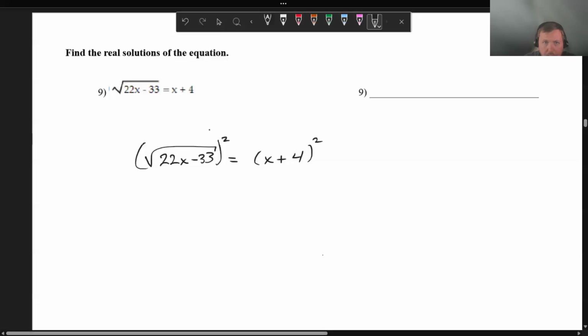On the left-hand side, I get 22x minus 33, and on the right-hand side, I get x squared plus 8x plus 16. Don't forget that when you're multiplying this binomial out, you're going to get that cross term, 8x.